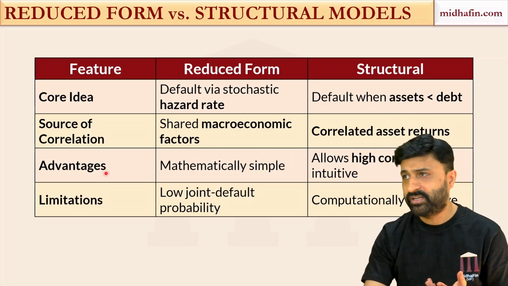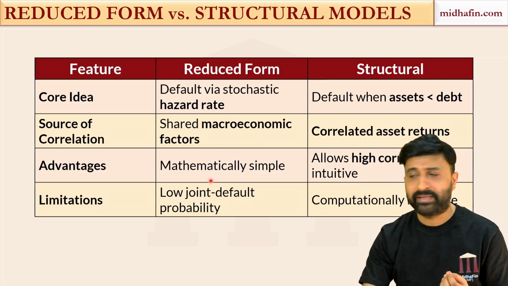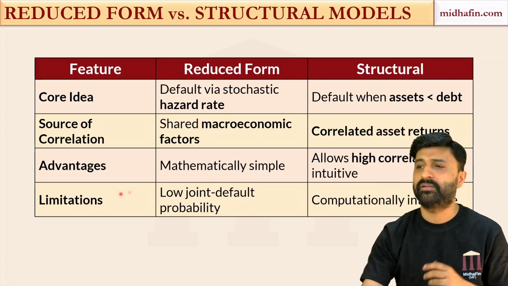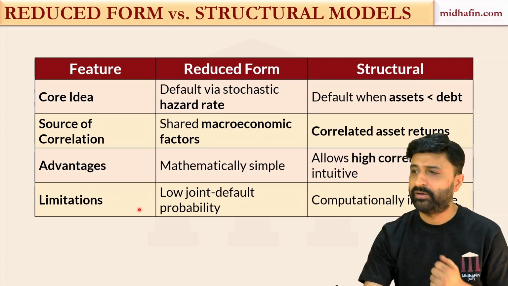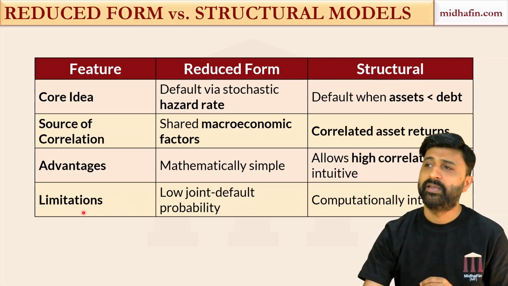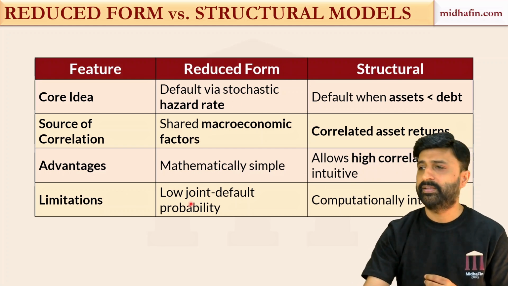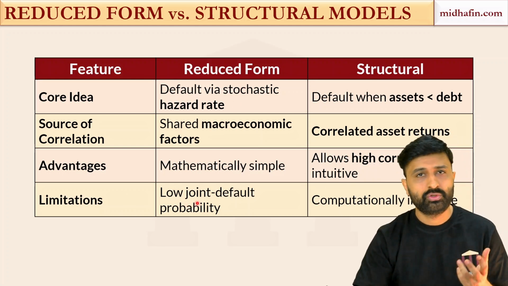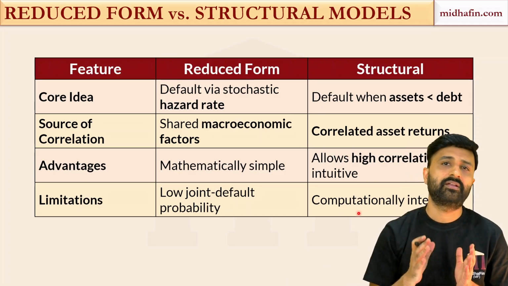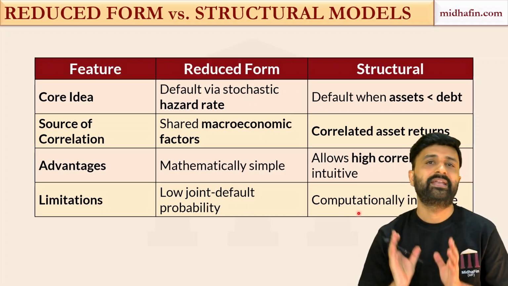Advantages for reduced form models: they are mathematically simple. Sorry, allow high correlation and intuitive are for structural models. Limitations for reduced form models are that they have low joint default probability, and for structural models, the limitation is that they are quite mathematically intensive.